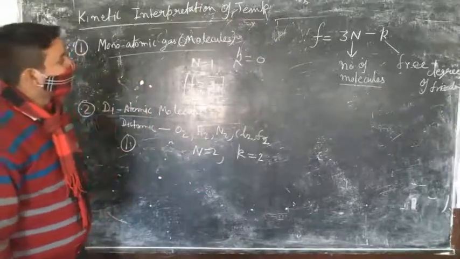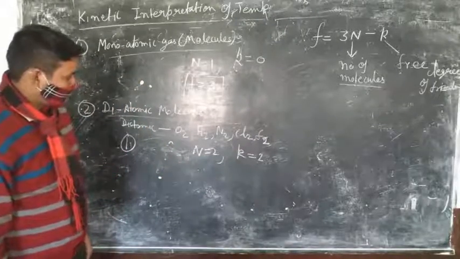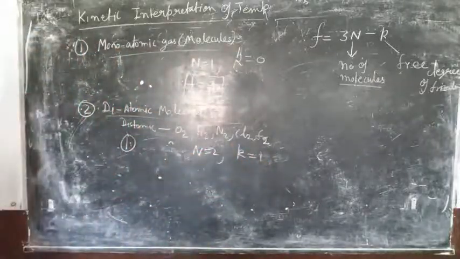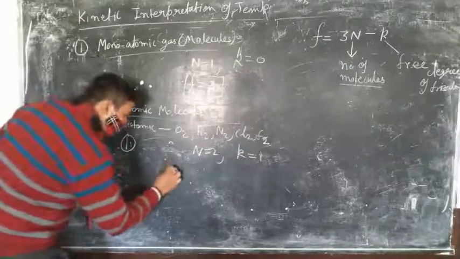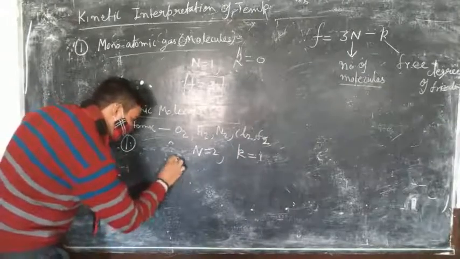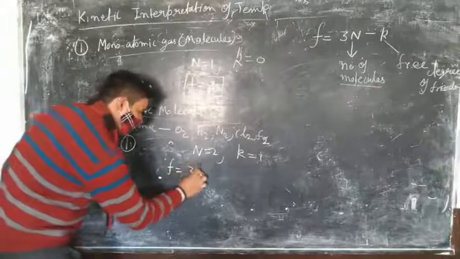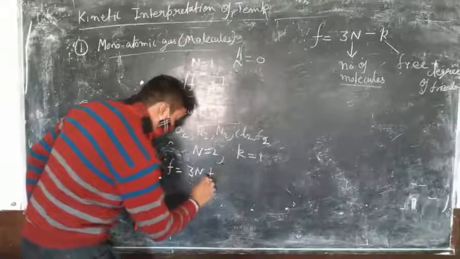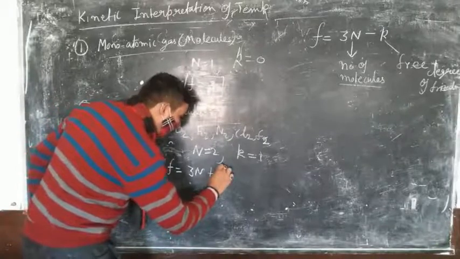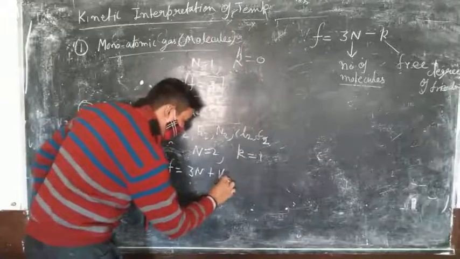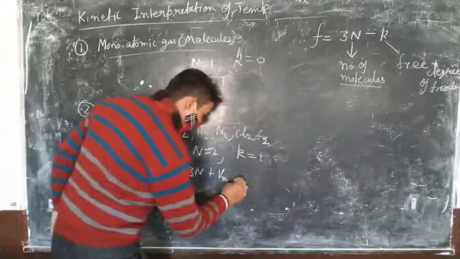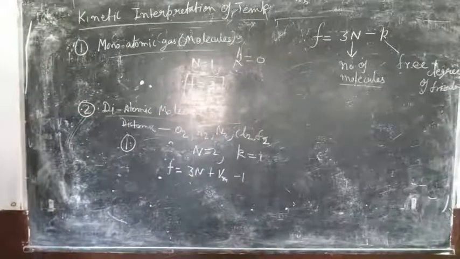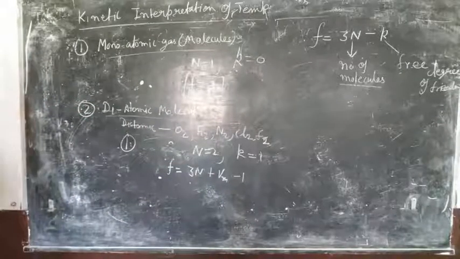Wait a minute, k equals 1; it has one free state. So the degree of freedom is 3n plus 2 minus 1, where the extra term is the vibrational degree of freedom.